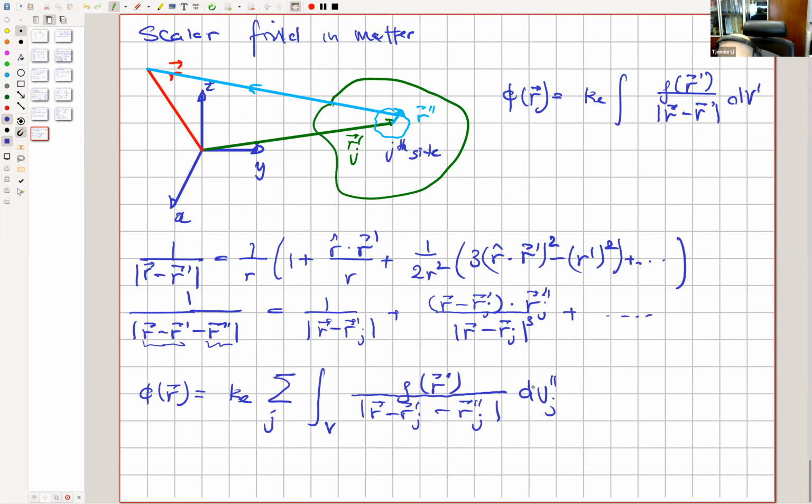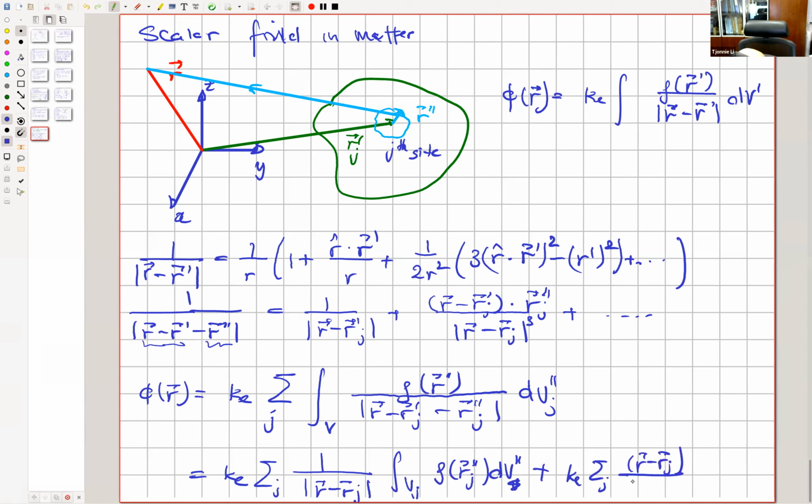Okay, so let's take a look. And now we use this expansion below in order to write Ke, the sum over j, 1 over R minus Rj, the integral over Vj of rho of r double prime j dv double prime, plus Ke, the sum over j, R minus Rj over R minus r prime cubed, the integral of r double prime rho dv.